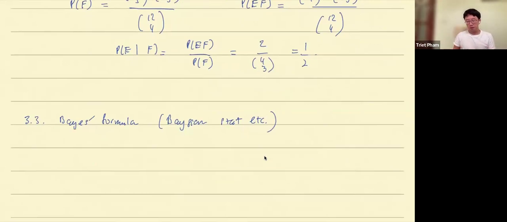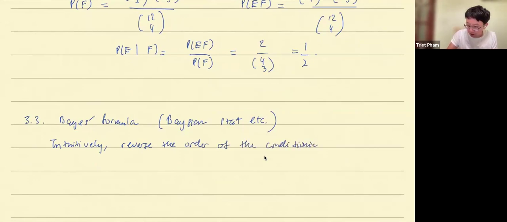So at the heart of it, basically Bayesian, let me just say intuitively, you're trying to reverse the order of conditioning. All right, but it's much more detailed than that.